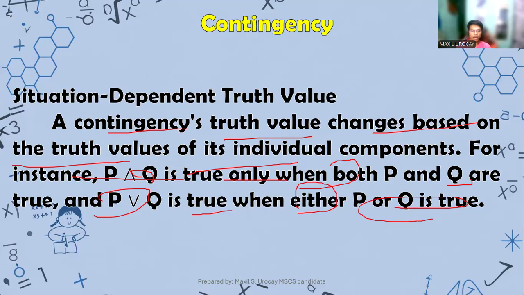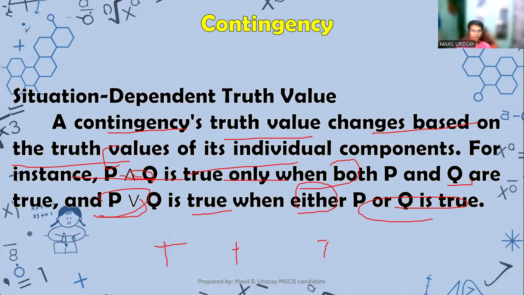So what is happening if P and Q is true? Only when both P and Q are true, diba? So P and Q is true if both P and Q are true. Of course, class, it is true if both are true.